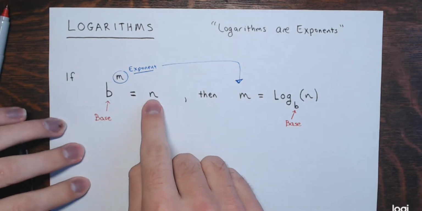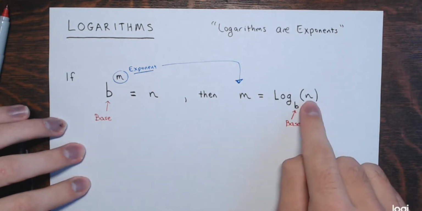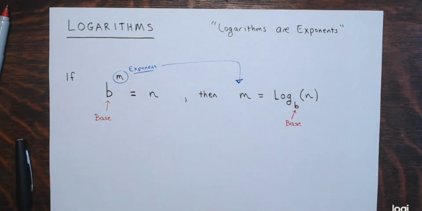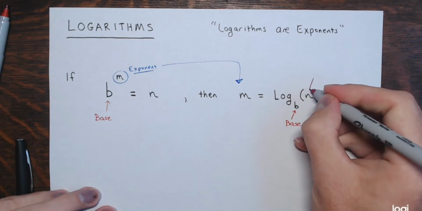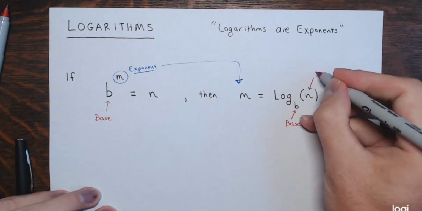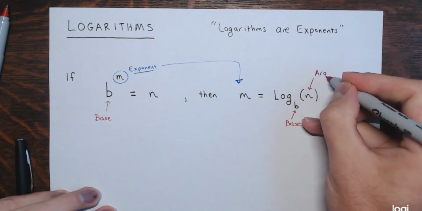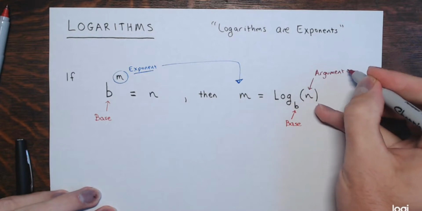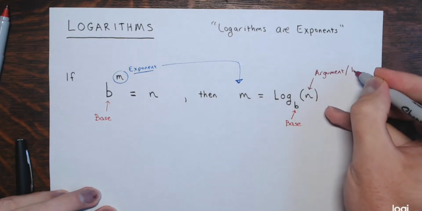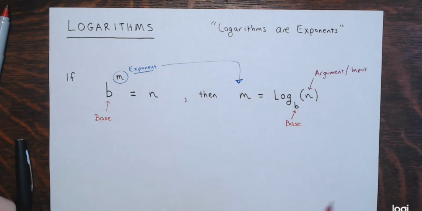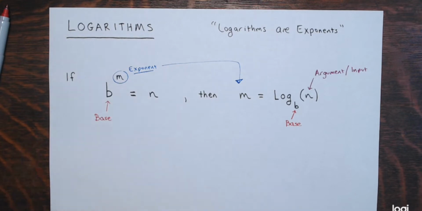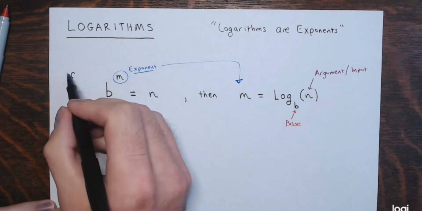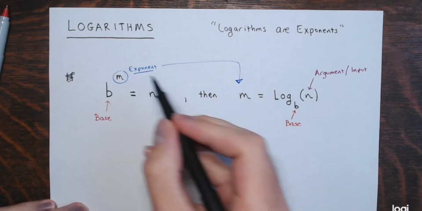And then the number here on the right side goes inside the logarithm. And this number in the logarithm is either called the input or the argument of the logarithm, argument slash input, right? And this goes both ways as well, right? So I shouldn't have had an if-then.